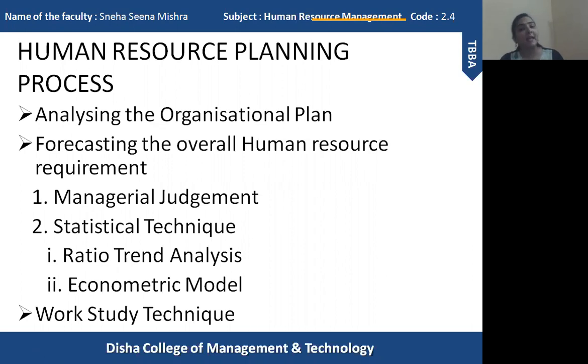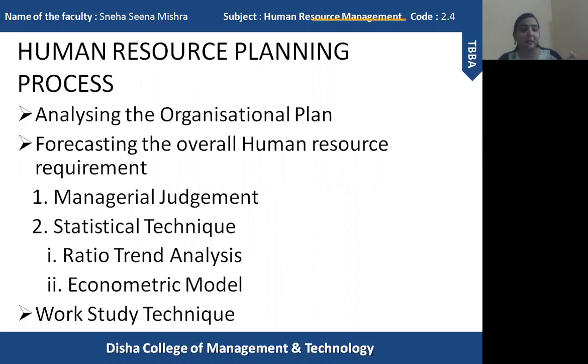Now then they have to find out how many hours are required in order to complete these units, to complete these activities. They will find out the total number of hours required to complete a particular activity or to create a particular unit of product.